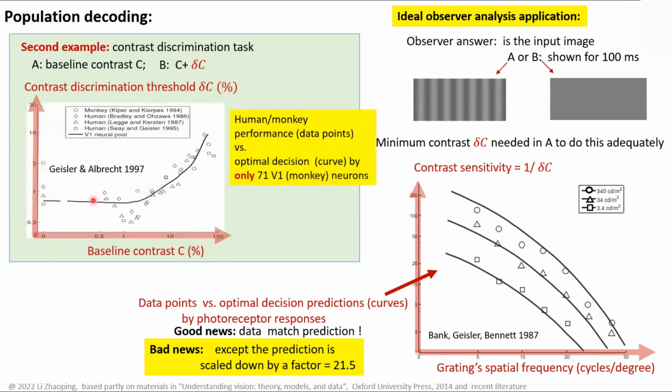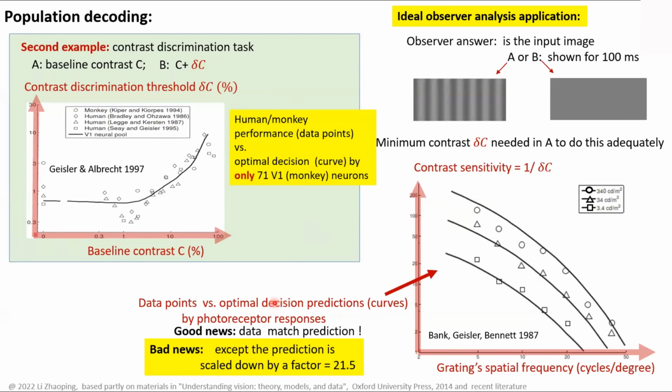And again, it looks like human and monkey behavior is equivalent to using only 71 V1 neurons in monkeys. V1 has 100 million neurons, and you just use 71 of them, and somehow they're equivalent. That's also surprising, isn't it?